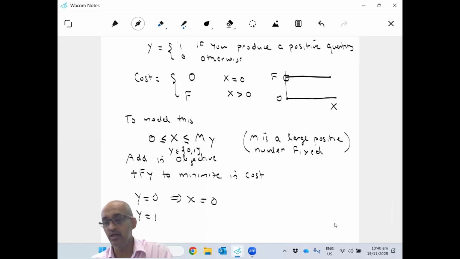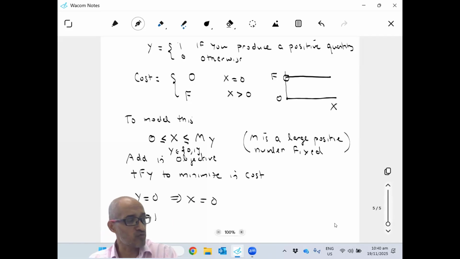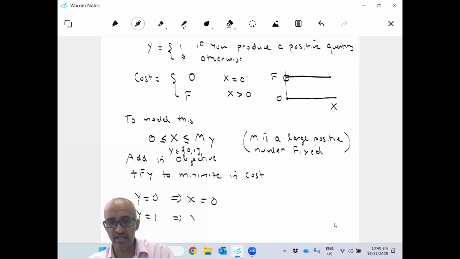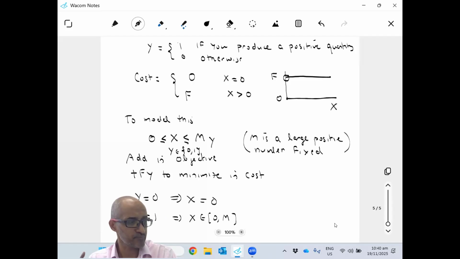When Y is 1, it will let X be any number from 0 to M. It will let me choose whatever I want. Of course, if X is strictly positive, Y has to be strictly positive.